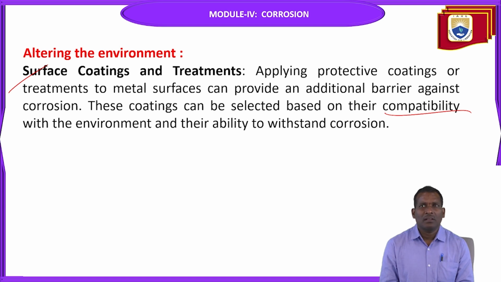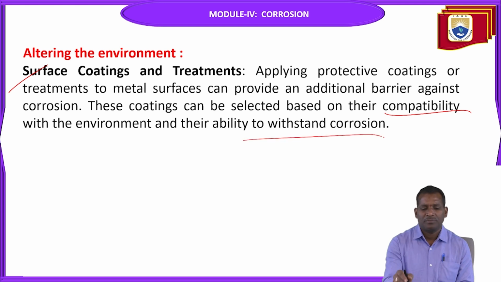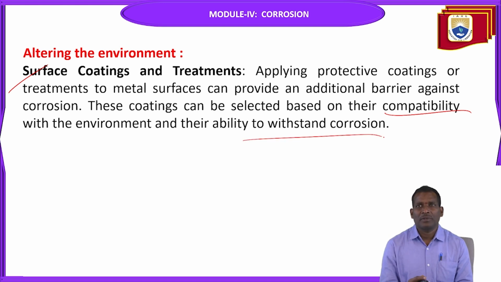So based on their compatibility with the environment and their ability to withstand corrosion, the coatings can be selected. By applying these coatings on metal surfaces, you provide a protective layer, or additional barrier, against corrosion. So by using this method, you can minimize the corrosion.